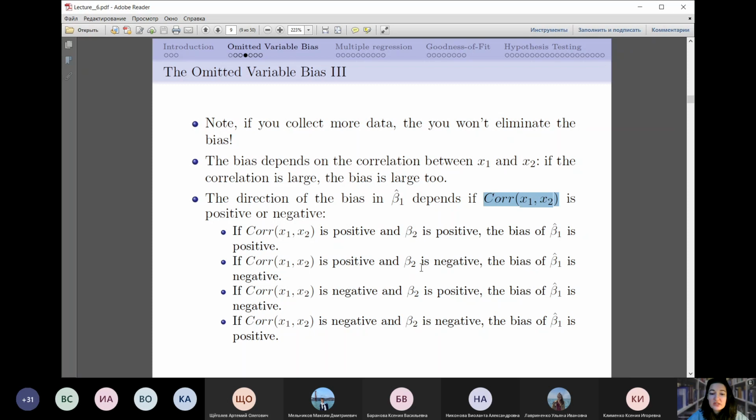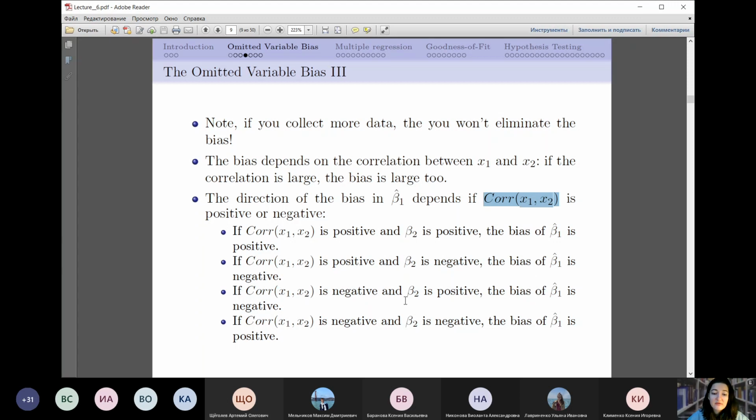If the correlation is positive, but the expected sign of beta 2, the parameter that we exclude from our model, is negative, the bias will also be negative.